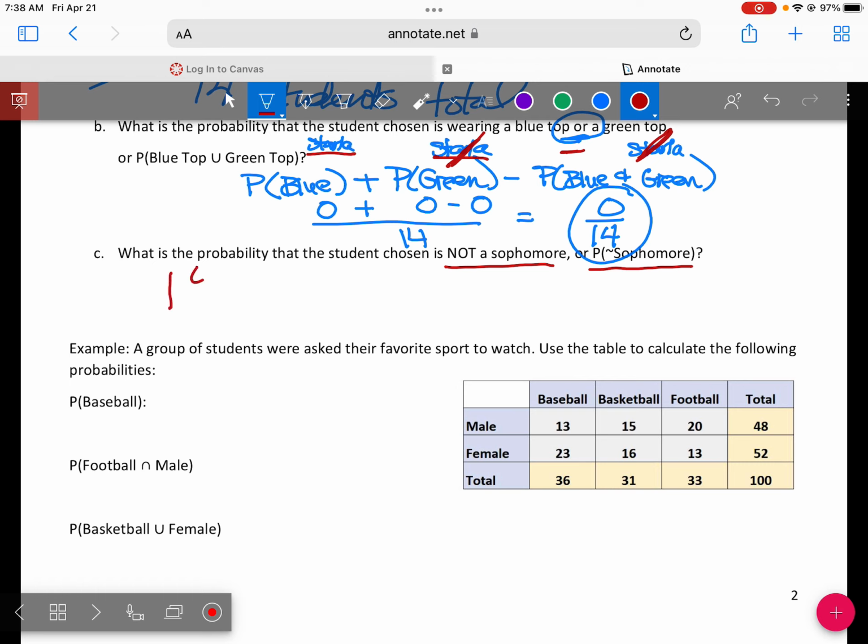That's your total probability. So the probability of finding someone who is not a sophomore is 1 minus the probability that they are a sophomore. It's 1 whole because that's the maximum amount of a probability that you can have.